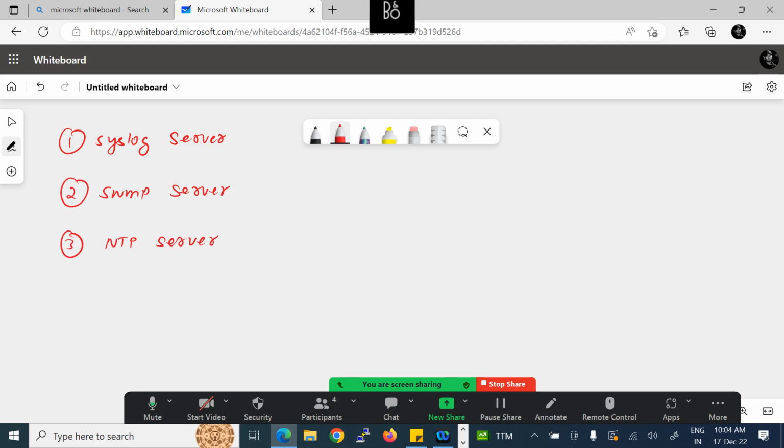Syslog server or SNMP server are required to collect the log messages, right? For log messages, we have the severity levels from 0 to 7. We have debugging as well. To collect the debugging log, again we require a syslog server or SNMP server. Then an NTP server is also there.